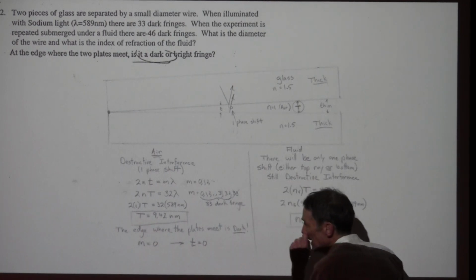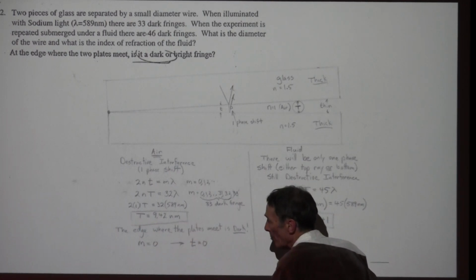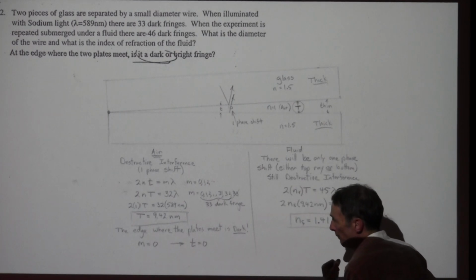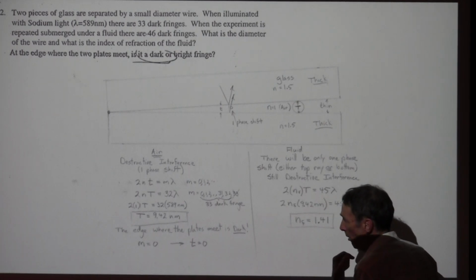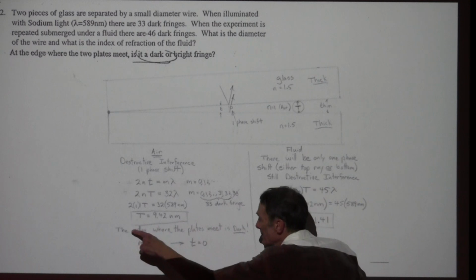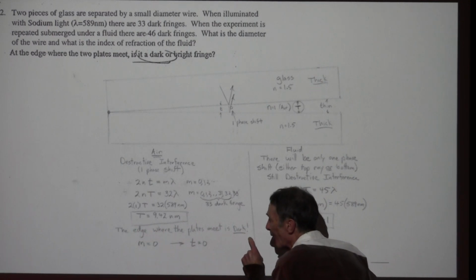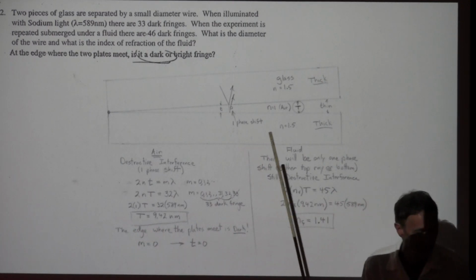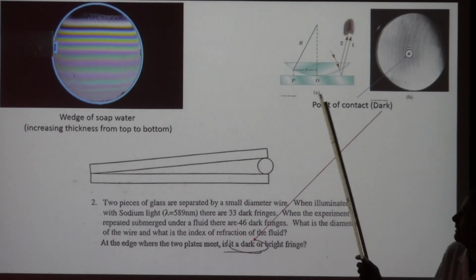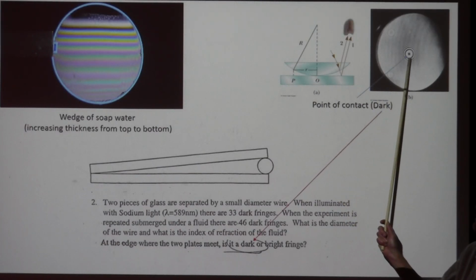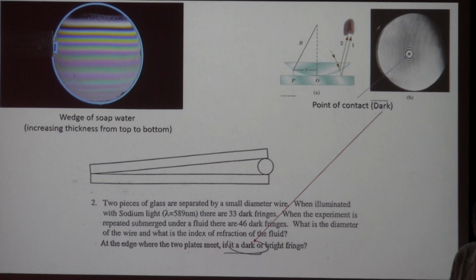Then I can get the thickness of that wire, and I've got that at 9.42 nanometers, so this is pretty small. Where the plates meet is dark, and probably the best visual evidence I can give you is that where they do touch will be a dark spot.